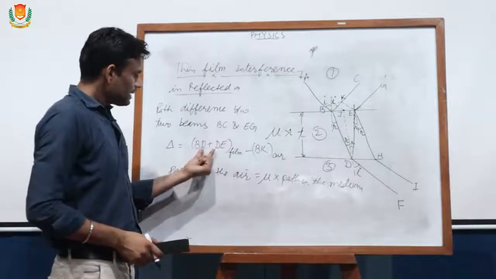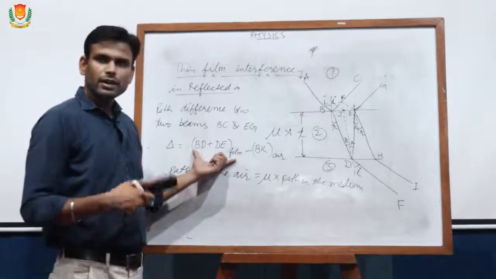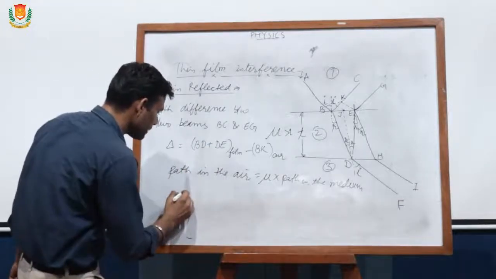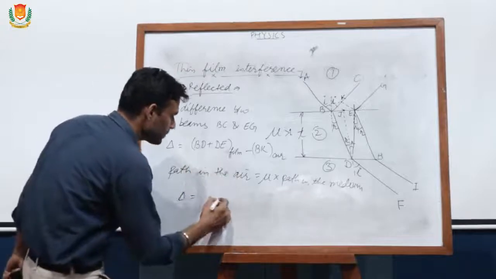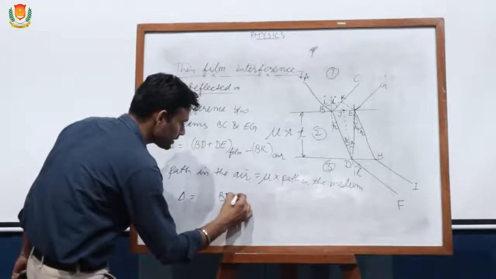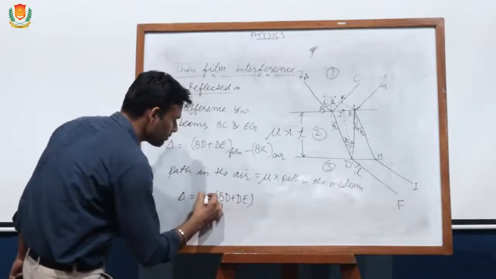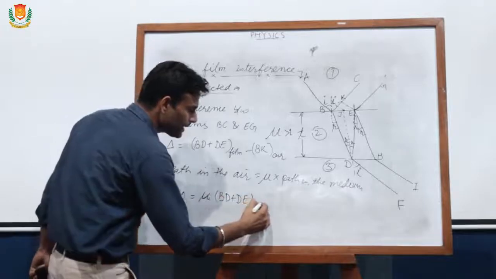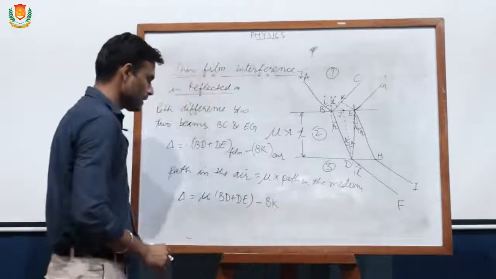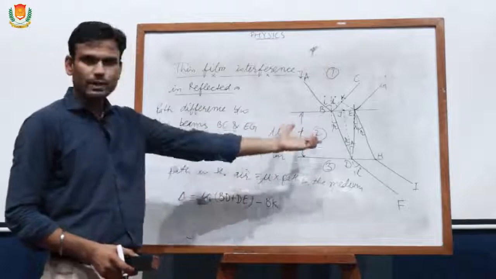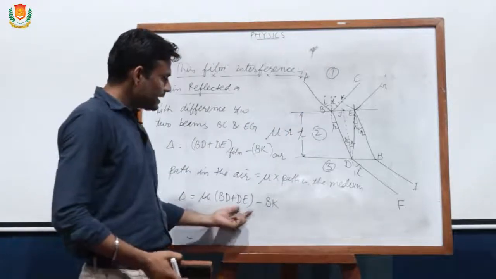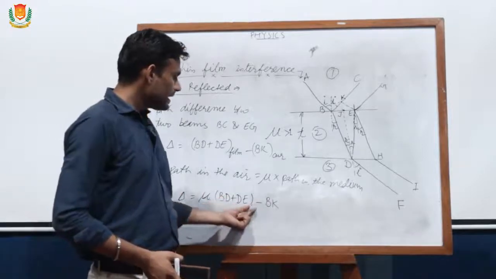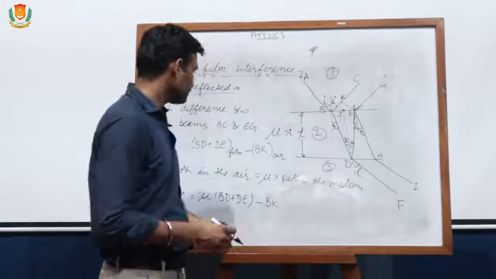So BD plus DE is traveled in the medium, and we can convert it to the equivalent path in air. So the path difference will be delta equal to mu times BD plus DE, which is the path equivalent to the path in air, minus BK. This is the net path difference between these two beams. If we calculate BD, DE and BK, then we can calculate the path difference between these two beams. We will calculate BD, DE and BK by this geometry.